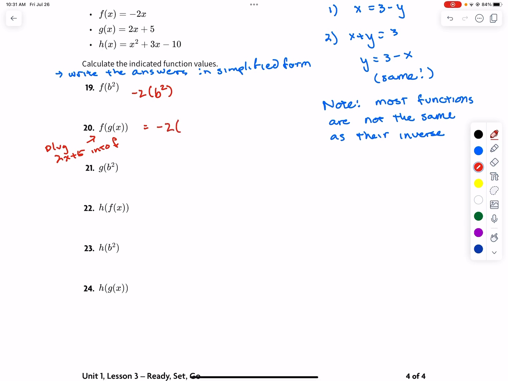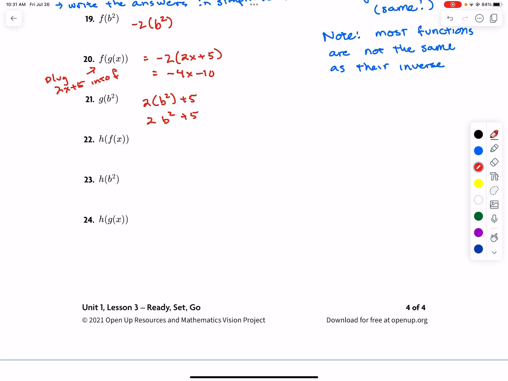So we're plugging g in. And simplifying it. Okay, stuffing b squared into g. And writing it without parentheses. Oh, look, these parentheses are redundant.